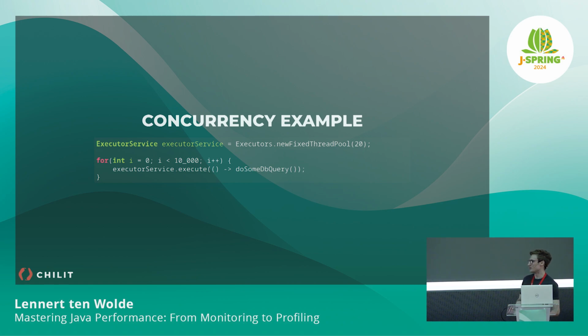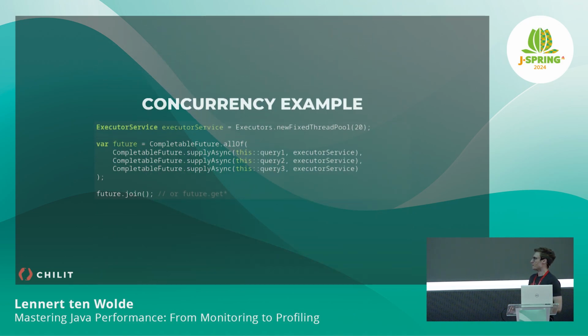But the number of threads you have can, of course, be much greater than the amount of cores you have, because very often our threads are stuck waiting on something. So we can just spin up a whole bunch more of them. On top of that, we have the CompletableFuture API from Java 8. Really nice API. Because when we deal with concurrency, we're inherently dealing with asynchronous tasks, some things that are going to be completed at some point in the future.